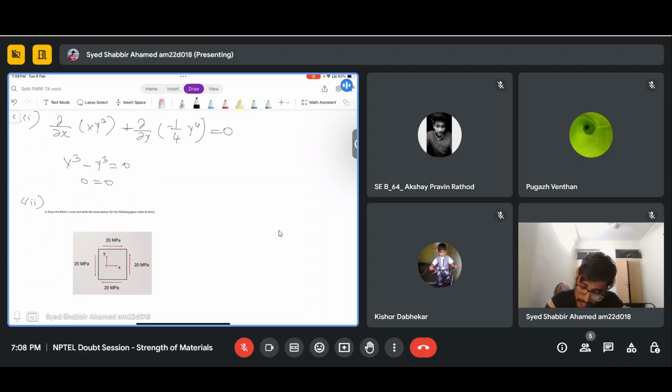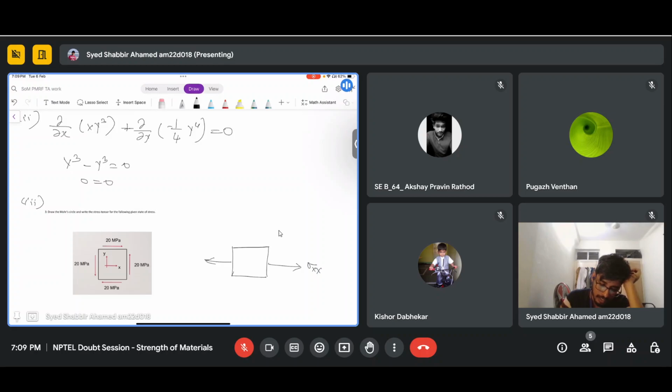So this is the problem. Here we have to draw the Mohr circle and write the stress tensor for the given state of stress. So I'll take a 2D element here. In 2D, we have sigma xx.